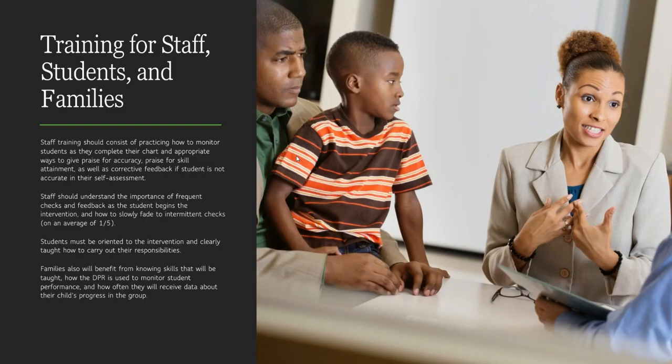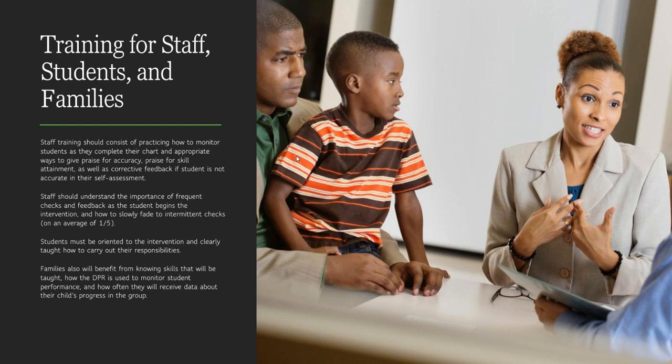So, as with all intervention, staff, parents, family, all persons involved need to be trained. And again, the amount of training that a person is going to need is going to correspond with their role in the implementation. So, for all staff training should consist of practicing how to monitor students as they complete their chart and appropriate ways to give that specific positive feedback when they're accurately completing that chart or they're demonstrating a skill.